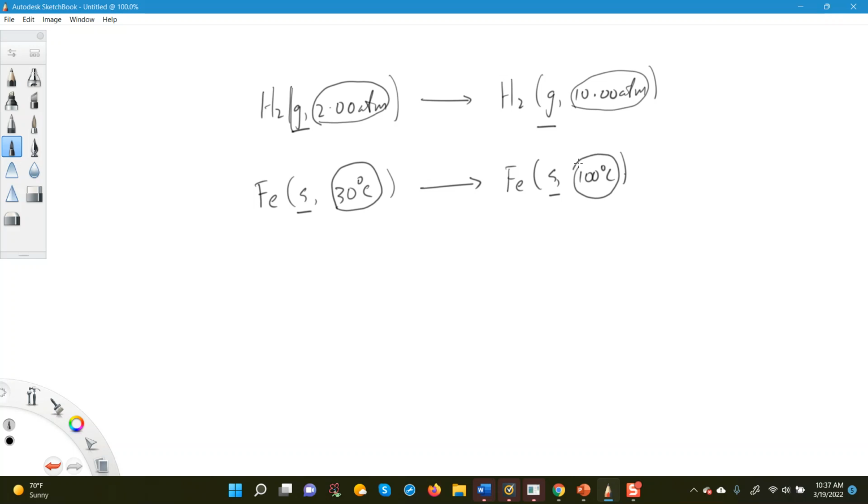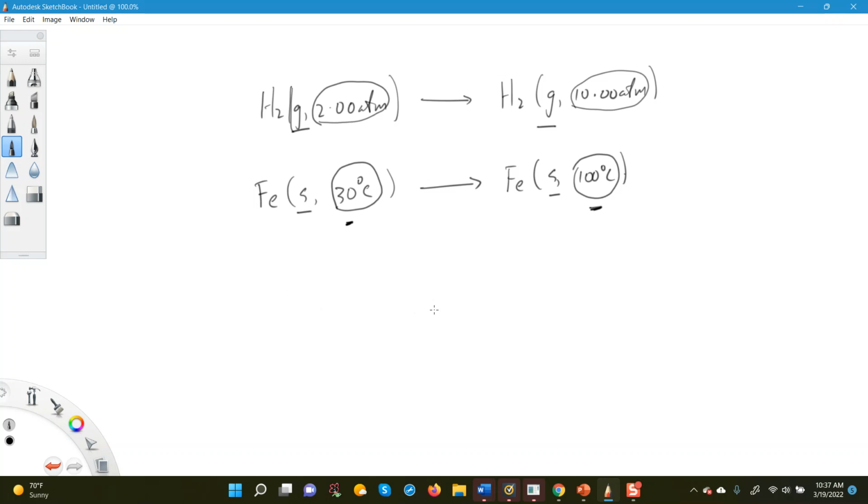What that basically translates into is different energy states for the actual particles, the atoms of iron that are present, right? And how they behave. So for example, the iron atoms here at 30 degrees will vibrate at a slower speed, so to speak, or frequency compared to the iron atoms at 100 degrees Celsius.